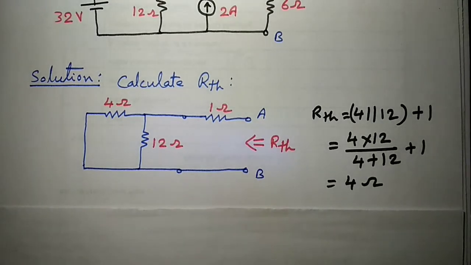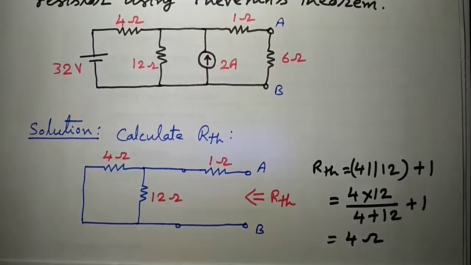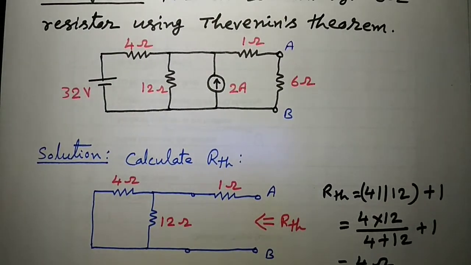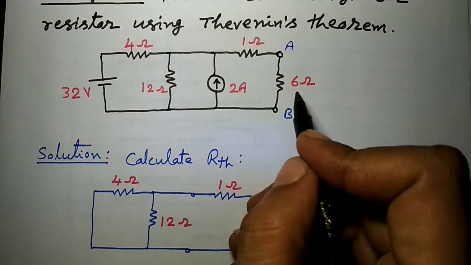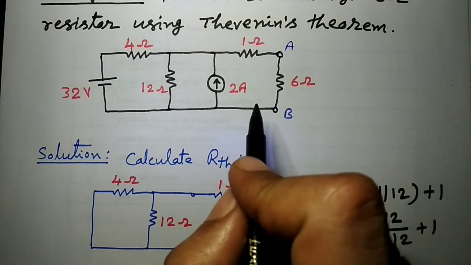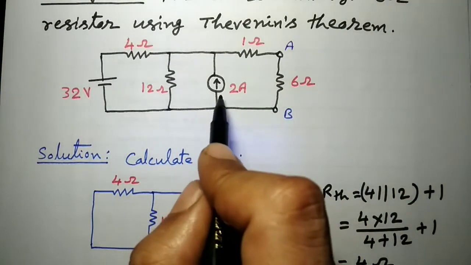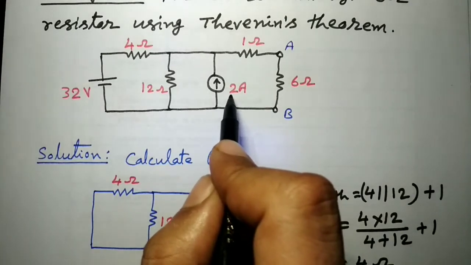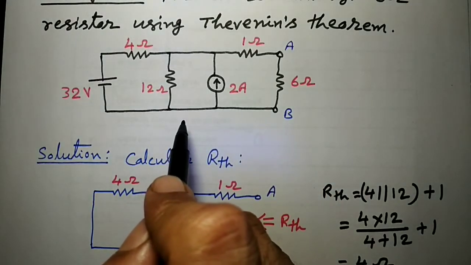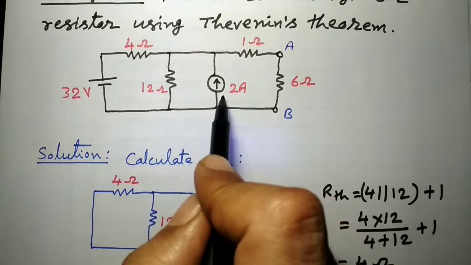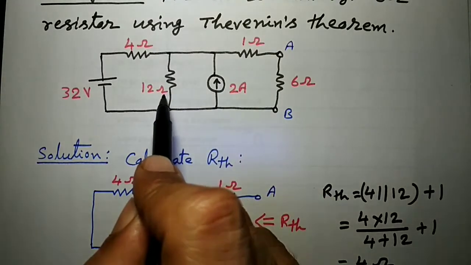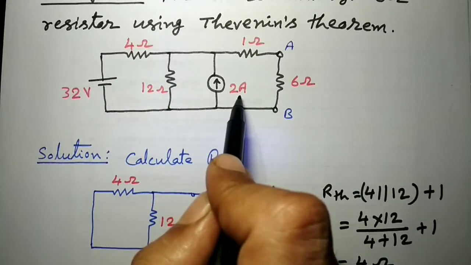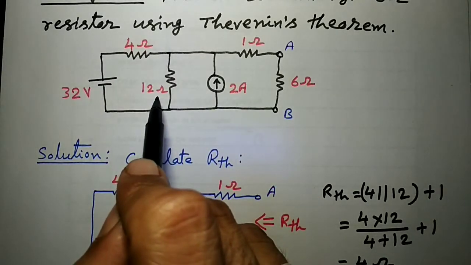Next we have to find the VTH. To calculate the VTH, we will remove the load resistance from the circuit, and here we will transfer this current source to a voltage source. Using source transformation, we know that a current source along with the resistance connected in parallel can be converted to a voltage source in series with the resistance.